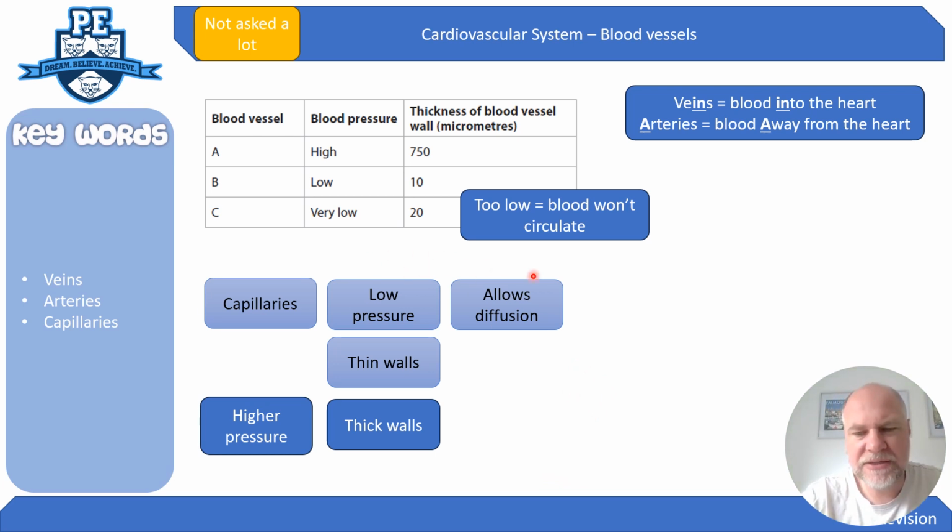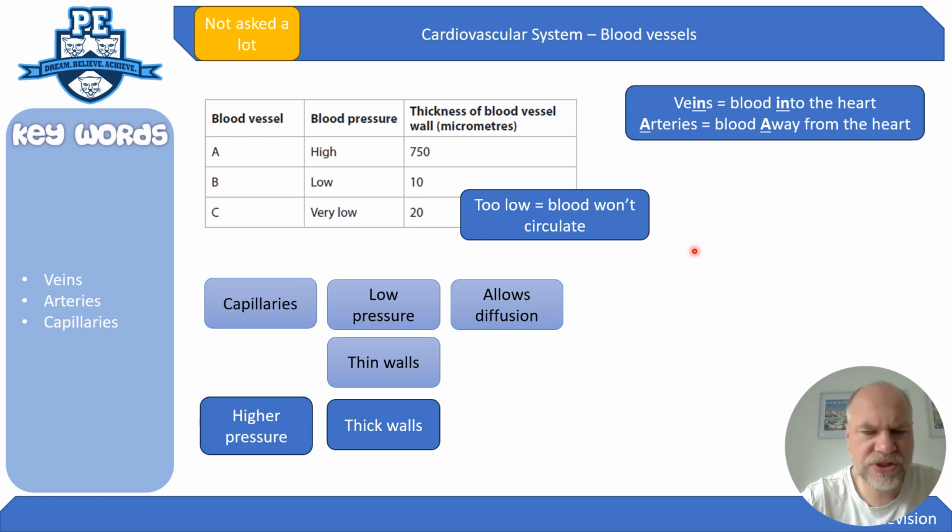The key thing with veins, if an exam question comes up on it, which in fairness hasn't been asked in the past, is that they have valves to prevent backflow, which keeps the blood moving forwards. So again, if you see this exam question, start thinking about which of them has the highest pressure, which has the lowest pressure, which has the thickest walls, which has the thinnest walls.